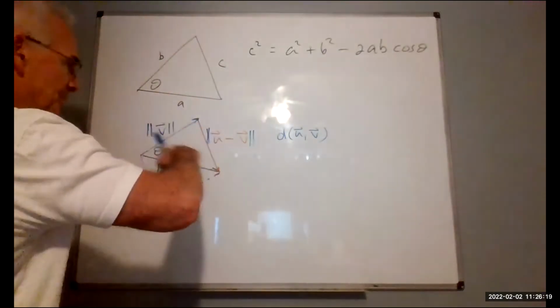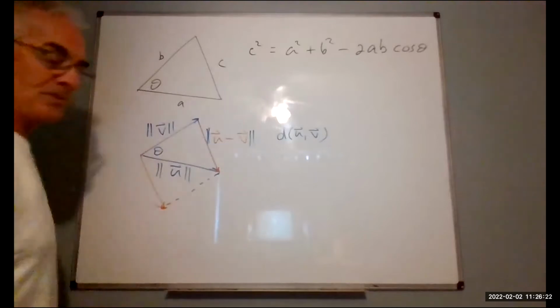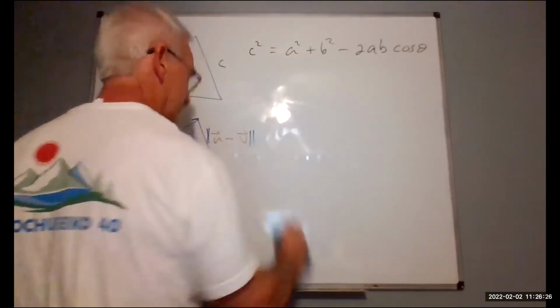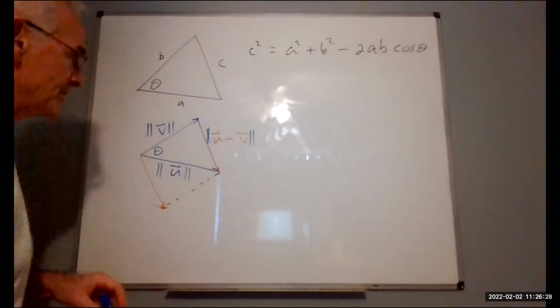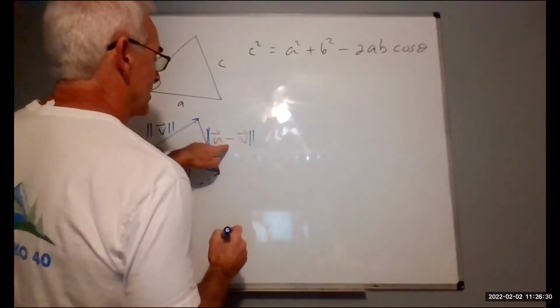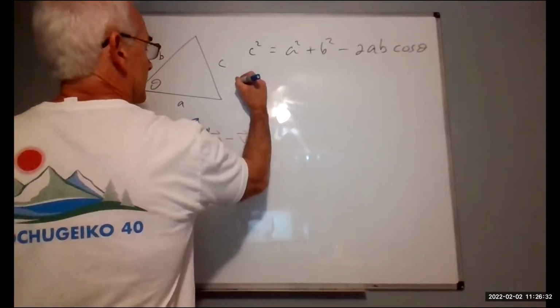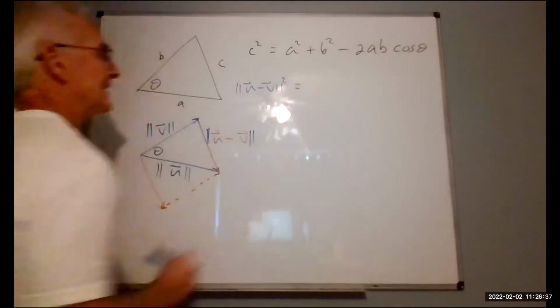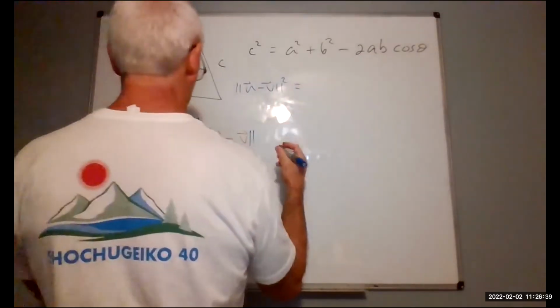Okay, but in this picture, you notice I can use law of cosines. So to use law of cosines, what do I know? I know this quantity squared equals this quantity squared plus this quantity squared.